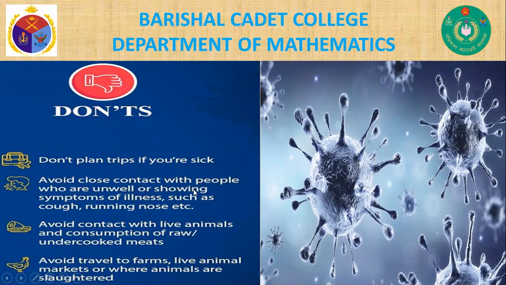Avoid close contact with people who are unwell or showing symptoms of illness such as cough, running nose, etc. Avoid contact with live animals and consumption of raw or undercooked meats. Avoid travel to farms, live animal markets, or where animals are slaughtered.